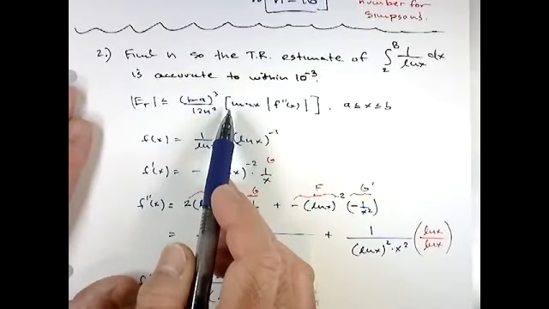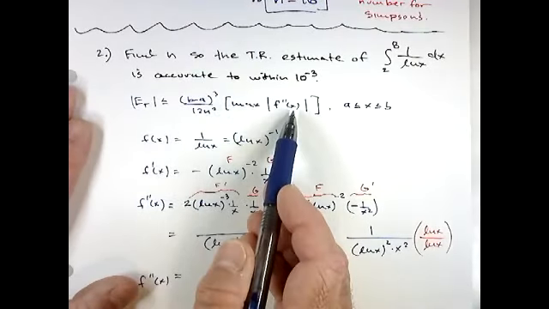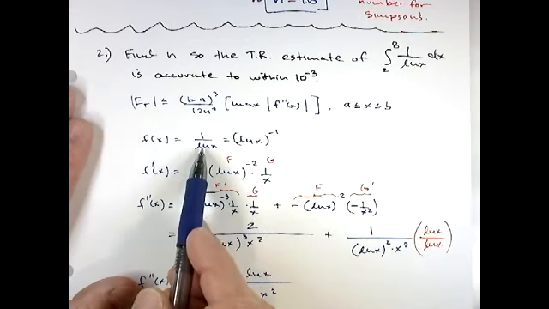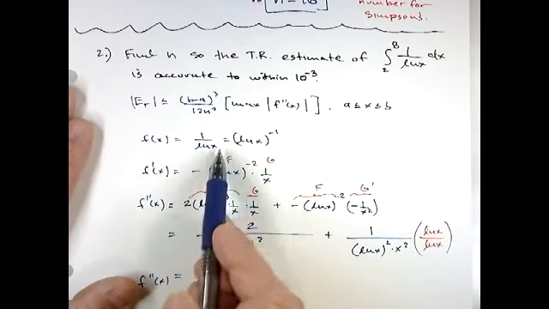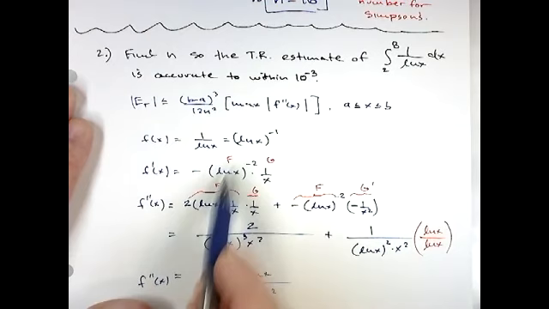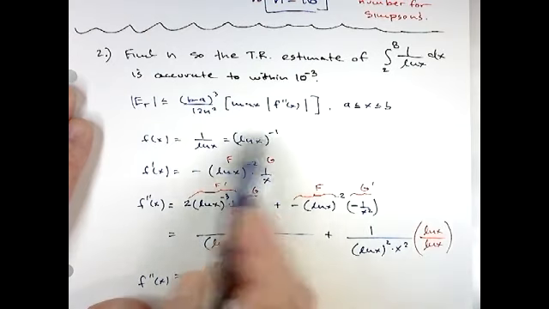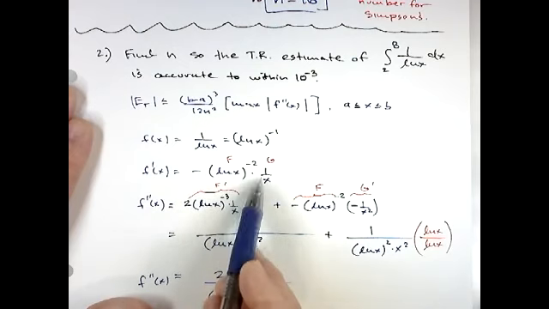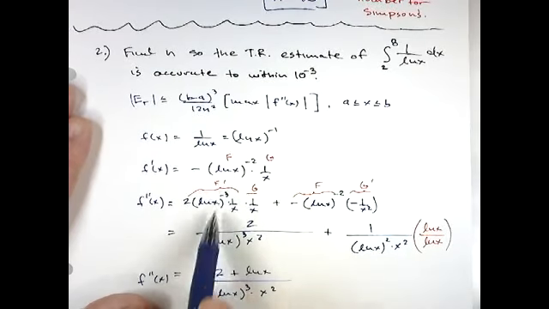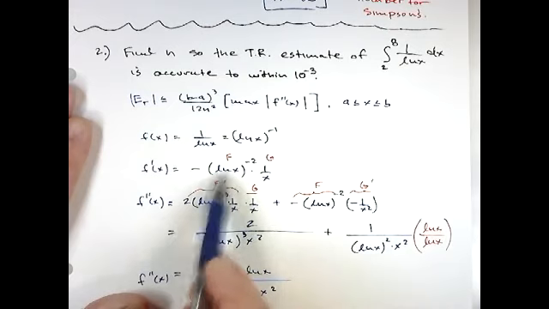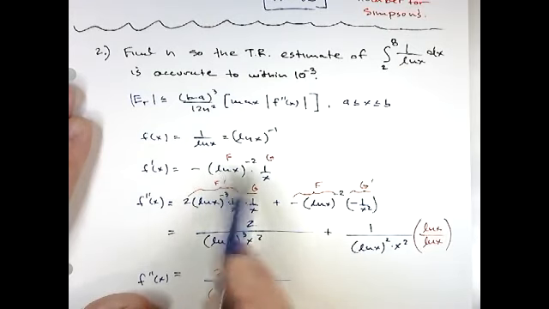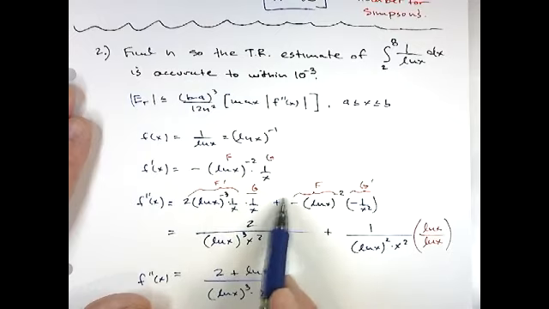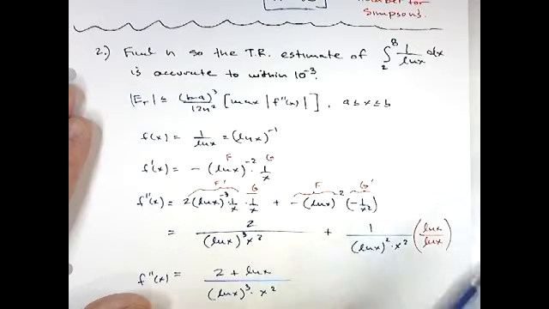So my error bound formula involves the 2nd derivative for 1 over ln of x. I brought that up as ln of x to the negative 1 using the chain rule. It's negative 1 times ln of x to the negative 2 times the derivative of the inside. And then to get my second derivative, I elected to use the product rule. I did the derivative of this times g plus f times g prime.